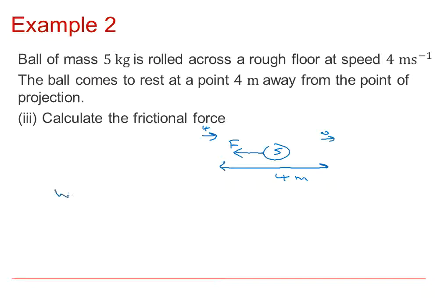Now if we look at the work done by the friction, the friction is acting in the opposite direction to the motion. So the work done by the friction will be a negative F acting for 4 meters. Don't forget, work and energy are scalar quantities. So we're not dealing with vector quantities here, but we are saying that the work done by friction will be negative and must be negative.